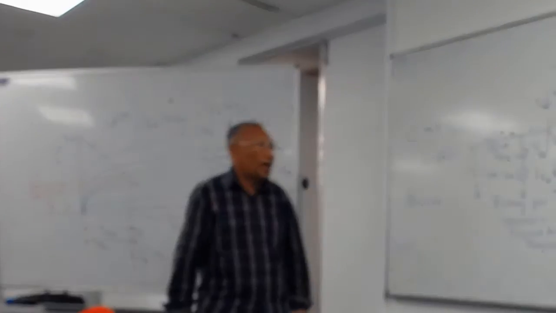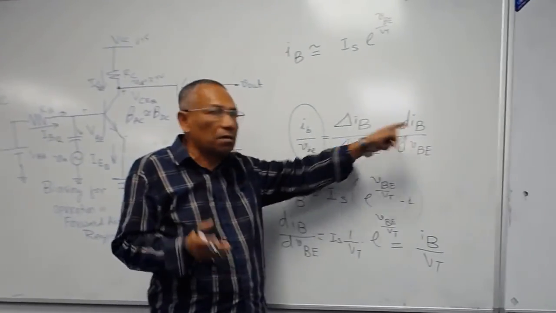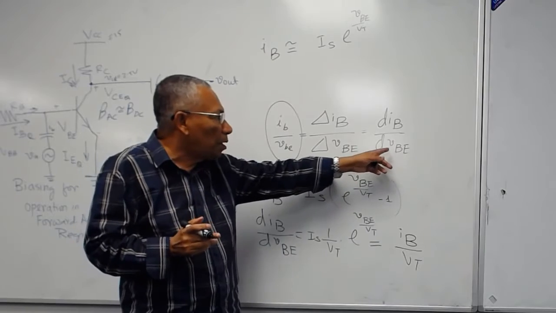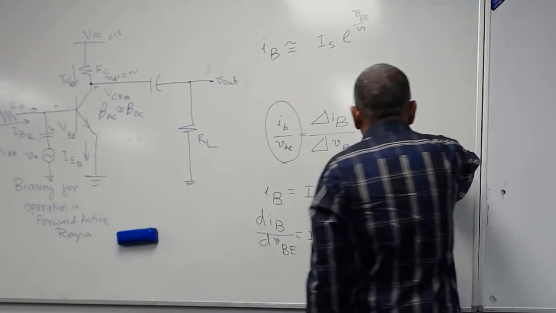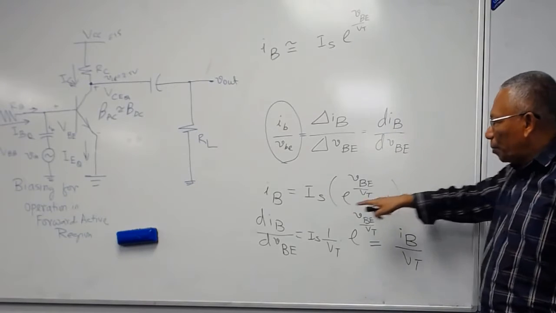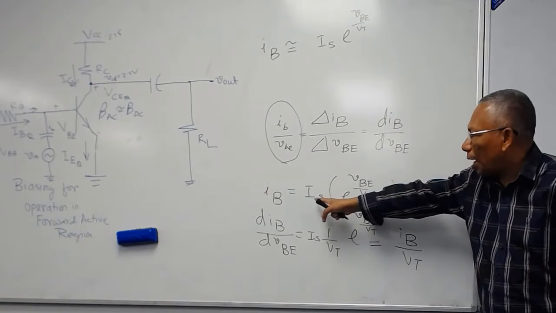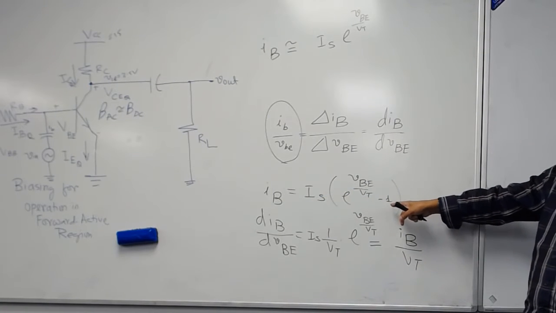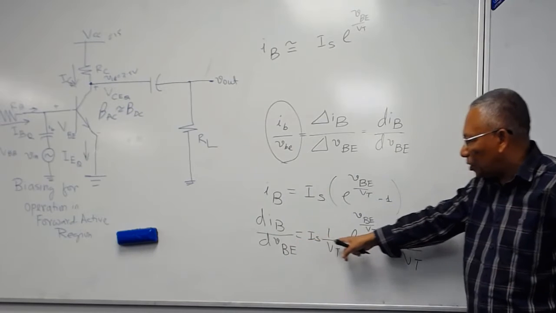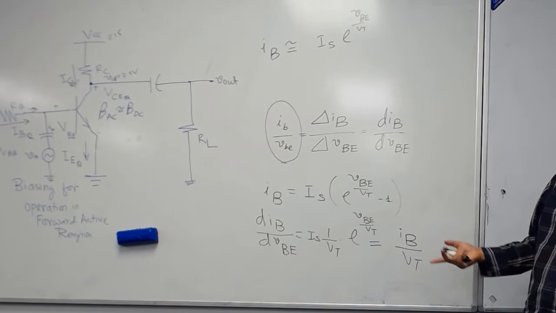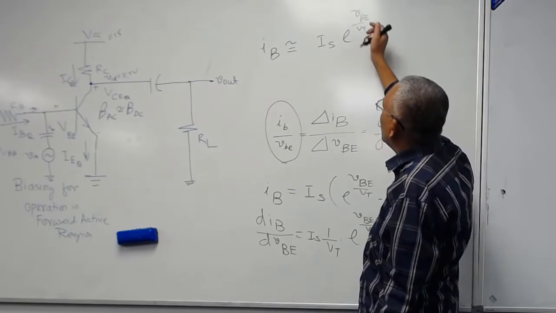So delta can be just differential, dIB, differential base emitter voltage dVBE. Then you put IB here and do differentiation, calculus. IB equal to this, then dIB by dVB is equal to this, and IB also can be said approximately equal to this.